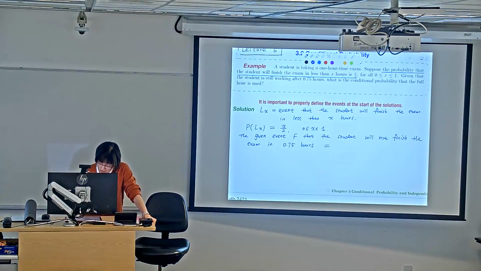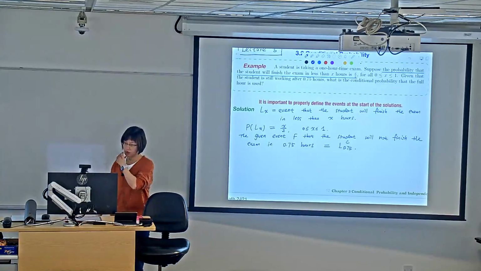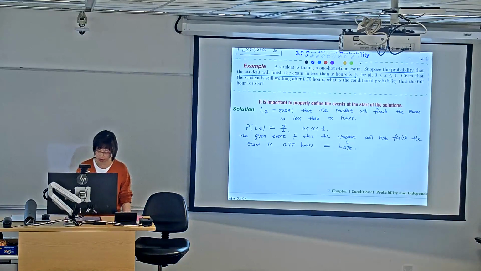If you use L_x, this event is the complement of L_x, where x is 0.75. So let's just do the translation.